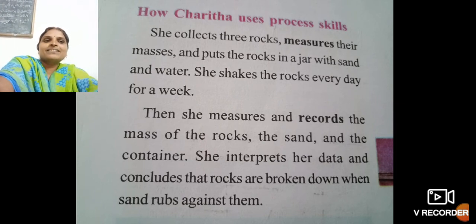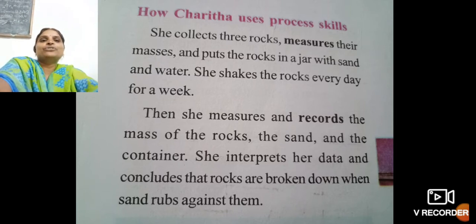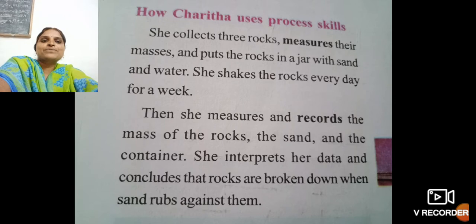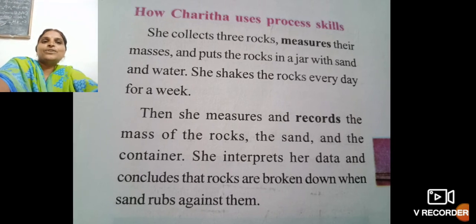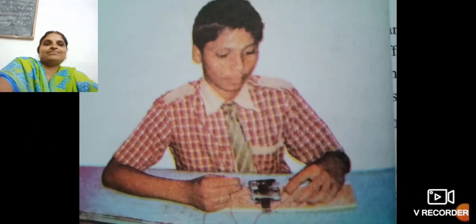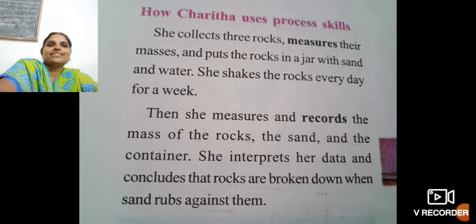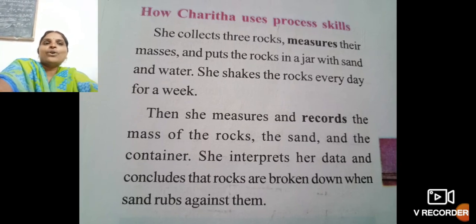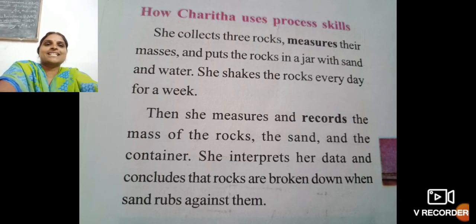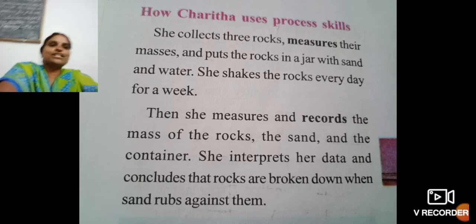She interprets her data and concludes that rocks are broken down when sand rubs against them. She clarifies how the rocks change in shape and size. This is Cherita's experiment.